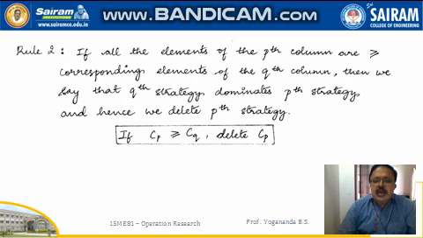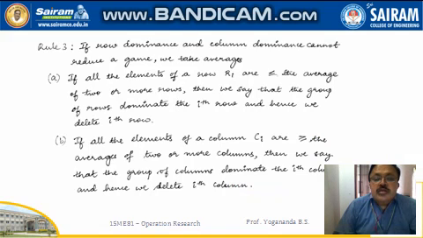In that case, we say that the column having less payoff is dominating the other columns. When we go row wise, we take the row having more payoff as the dominating row, and we delete the other rows. So that is what the dominance rule says.